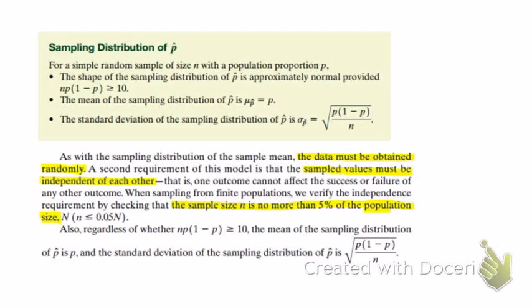Notice where the middle of the sampling distribution is. Again, we've got two distributions. We've got the population distribution and we've got the sampling distribution, just like we did with means. So the mean of this sampling distribution is exactly the center of the population.